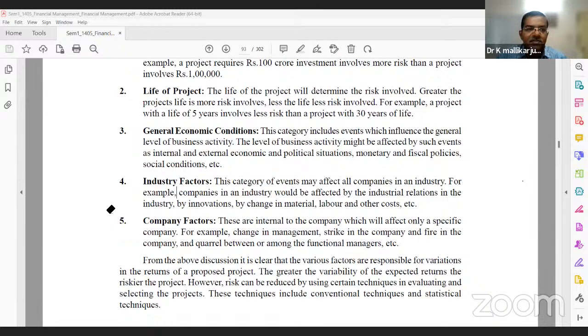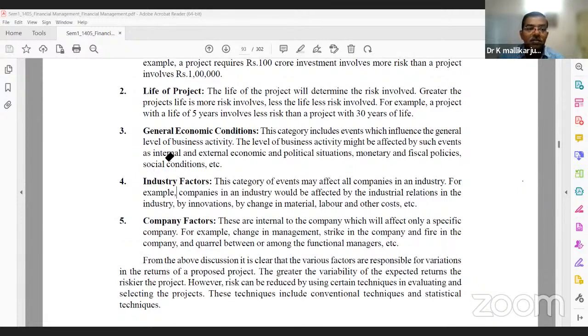We can take televisions; these are in the saturation stage. The firm is ready to produce, but the buyers already have the product. Those are adding only replacement, and even the small car segment also.